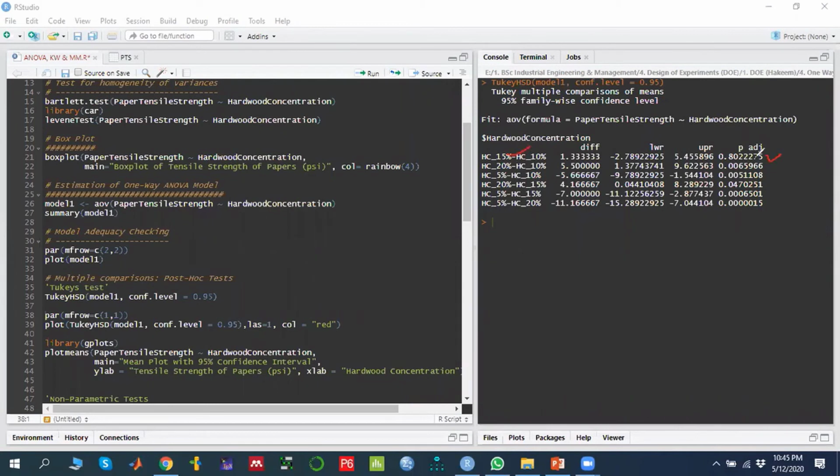So that is indicating that at 15% and 10% the paper tensile strength would be equal. But for the others, we can see that all the p-values are less than 5%. That is indicating that every other level is different from the others. Only 15% as well as 10% hardwood concentration will produce the same paper strength.